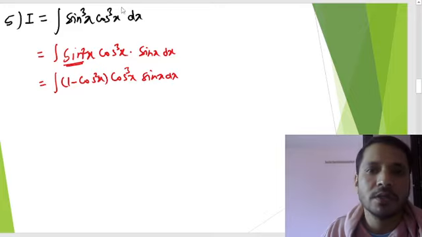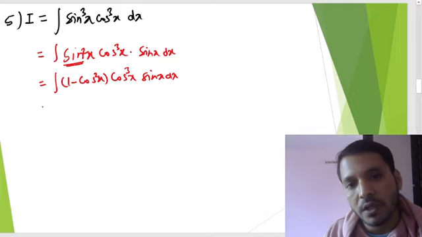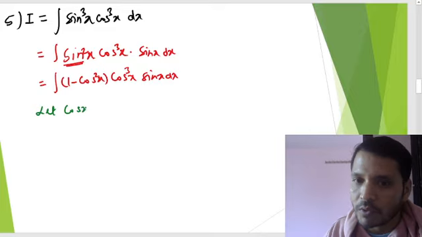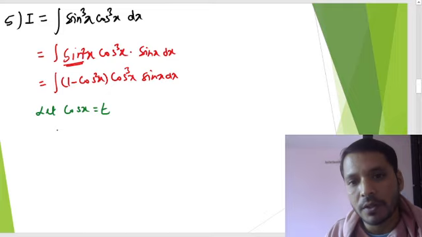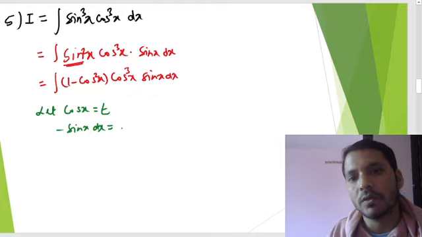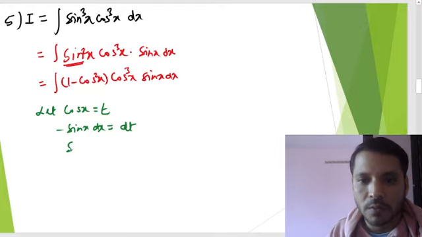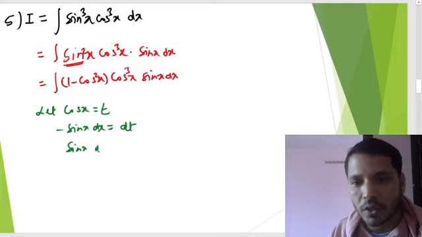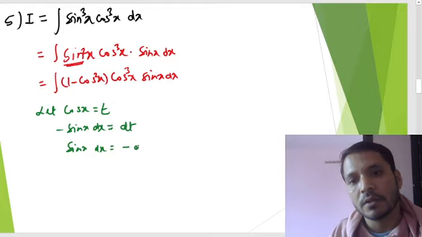Now what substitution can we apply? If we see it carefully, we can put cos x is equal to t, so that differentiation will become minus sine x into dx, and this is equal to dt. So from here we can say sine x into dx is nothing but minus dt.